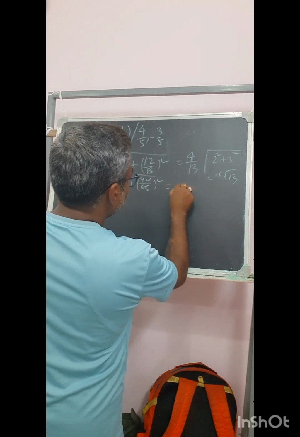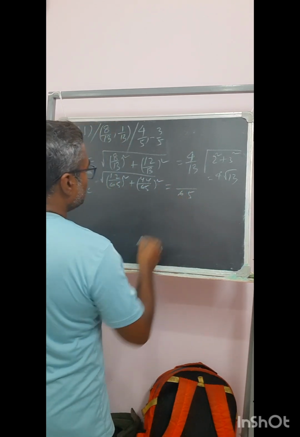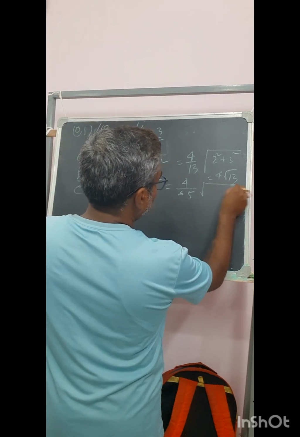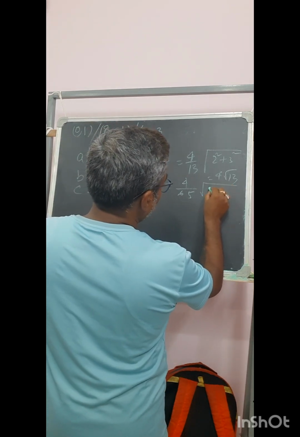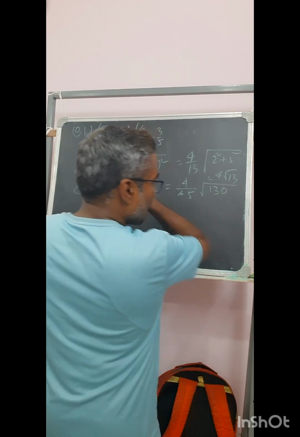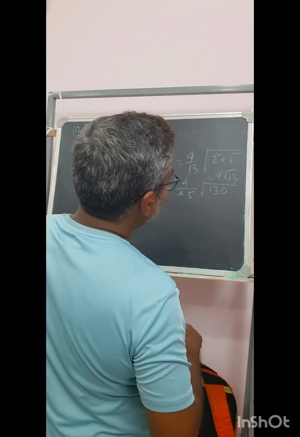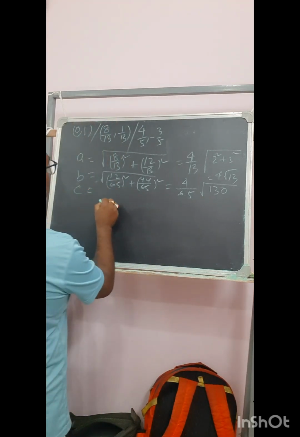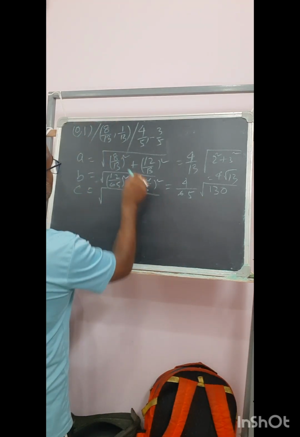So 65 will come out, 4 will come out again, 3 square plus 11 square, 9 plus 121, 130, this will be another one.